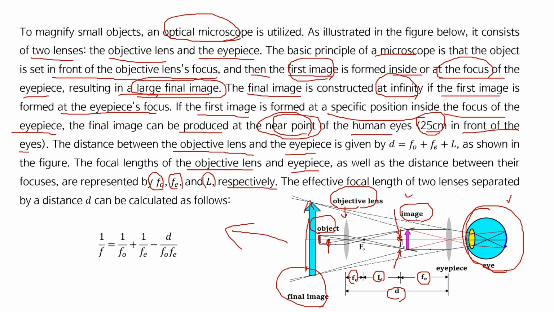So f_o is the focal length of the objective lens, f_e is the focal length of the eyepiece, and L is the distance between the focuses of the objective lens and eyepiece.